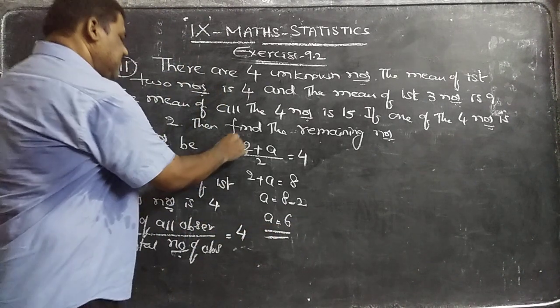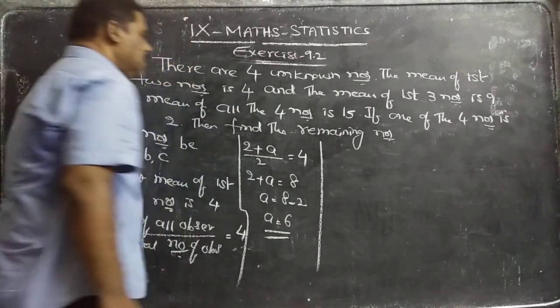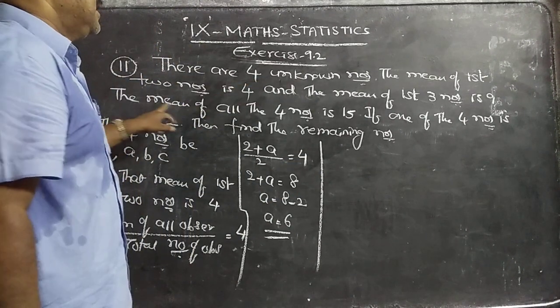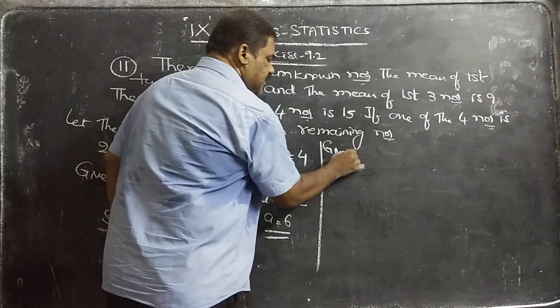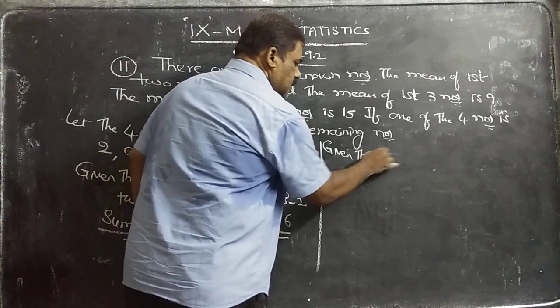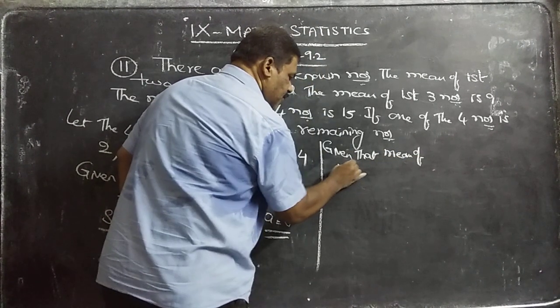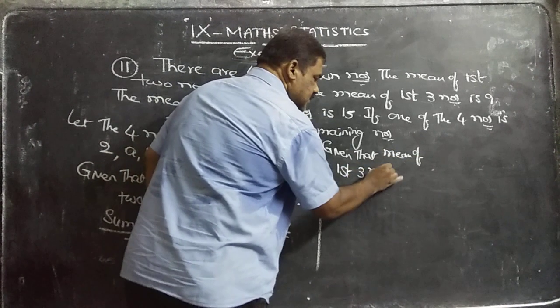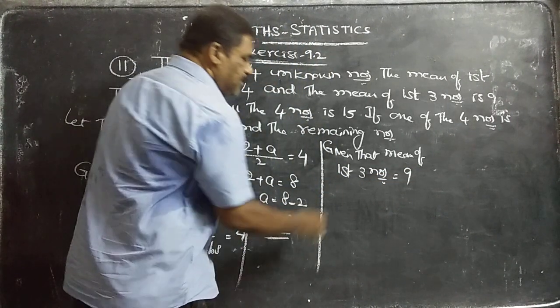Next, what is given? The mean of first three numbers is 9. What is the formula for mean?